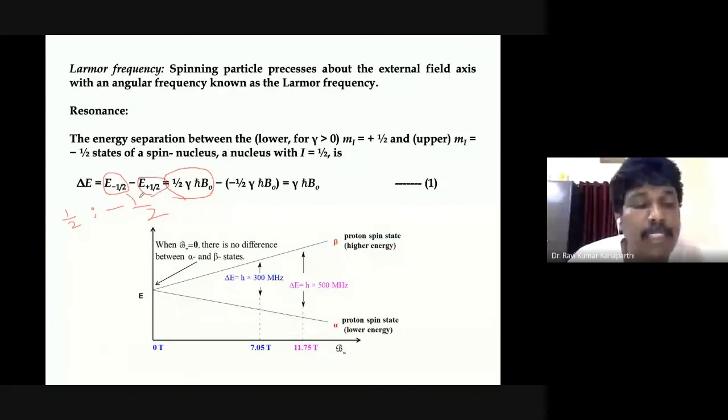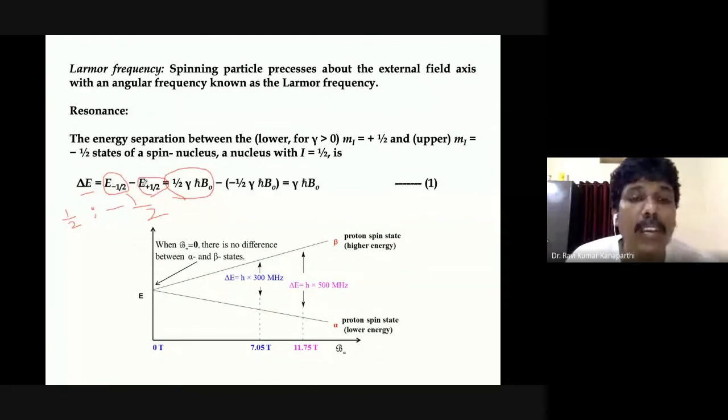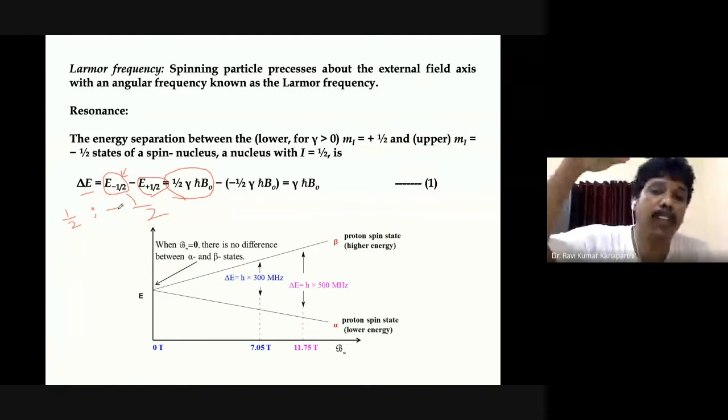The energy difference, if I ask you to calculate, it is already given. Delta E is nothing but E minus half minus E plus half. Why are you taking only E minus half first? Because this is higher in energy.